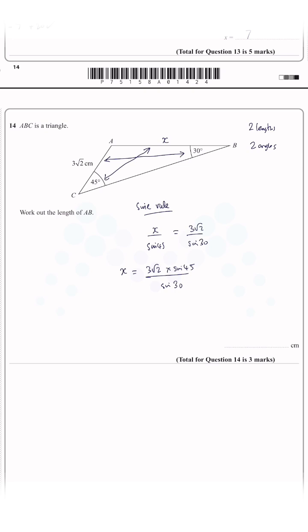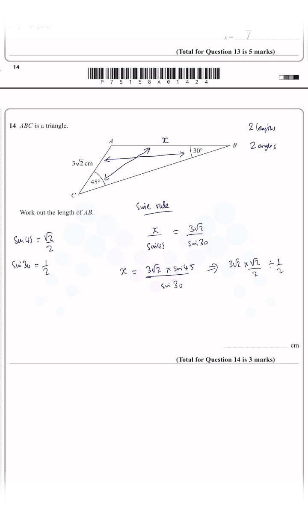And if you've seen my video recently that I made on exact trig values, then you would know that sine 45 is equal to root 2 divided by 2, and sine of 30 is equal to a half. So this becomes 3 root 2 times root 2 over 2, and then all of that is divided by 1/2.